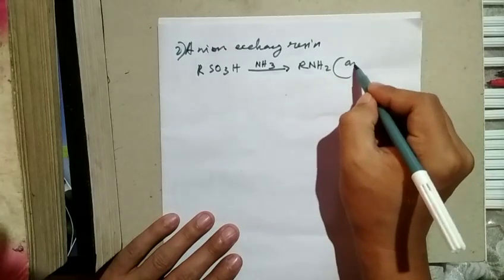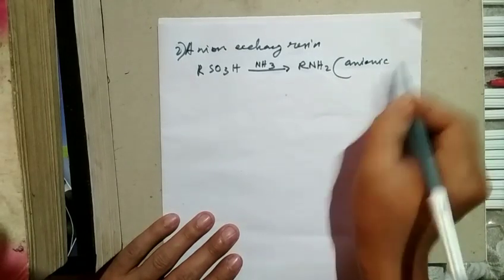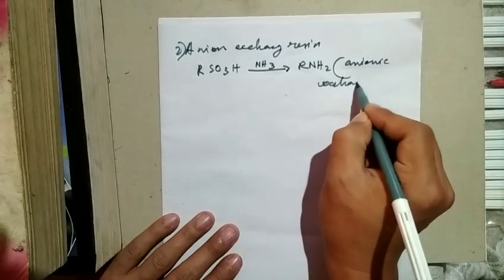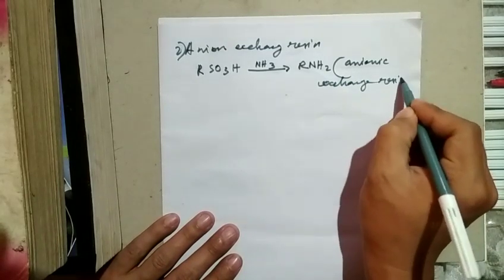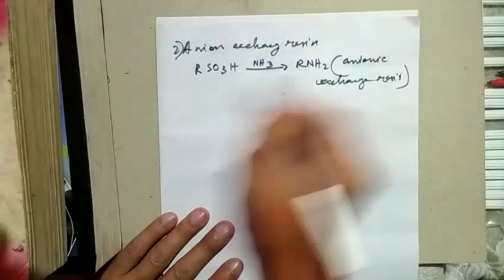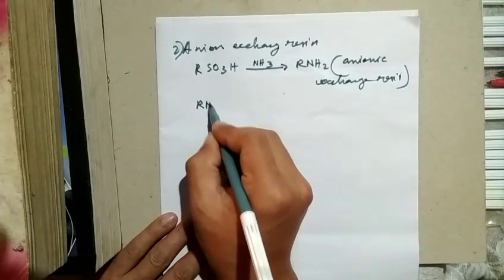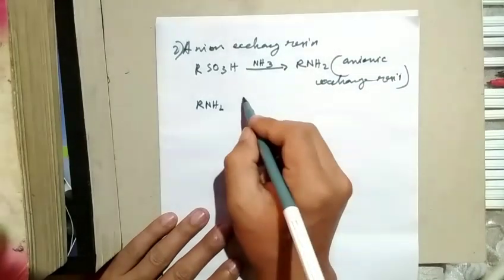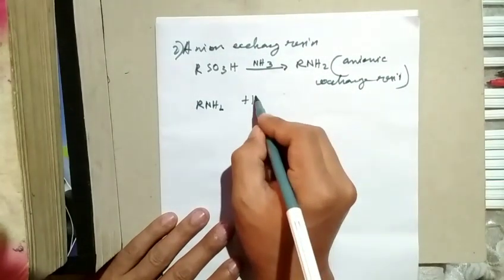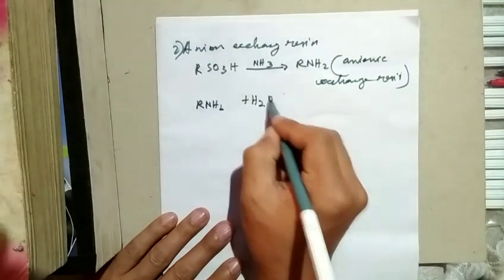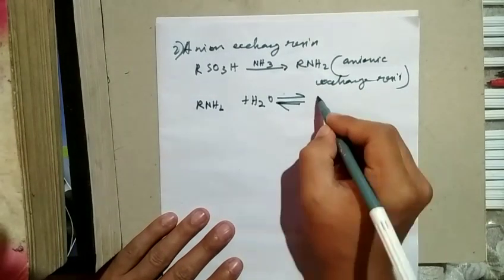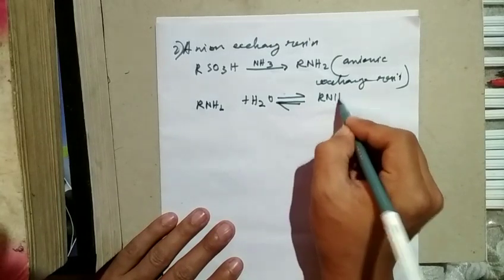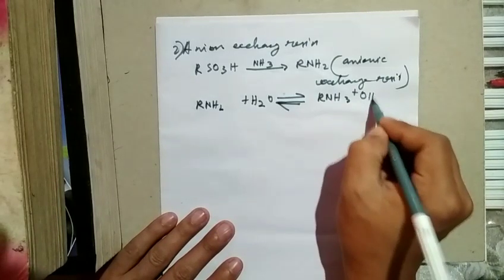So this is the anion exchange resin. We use this anion exchange resin with water to get RNH3 plus OH minus.